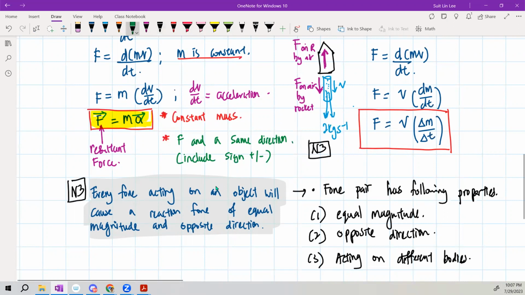So if you want to add this third point inside the definition, although it's not needed, you can say every force acting on object A will cause a reaction force on B by A. A push B, B push A. You cannot action reaction with yourself, okay?